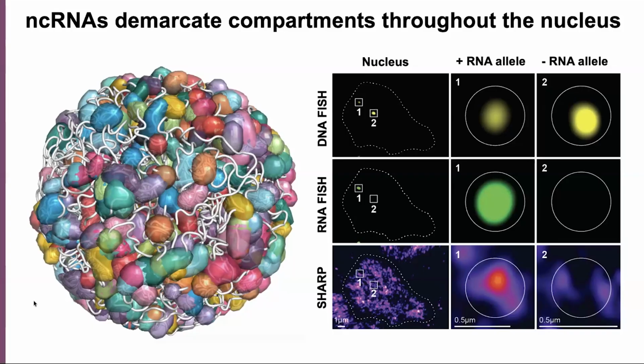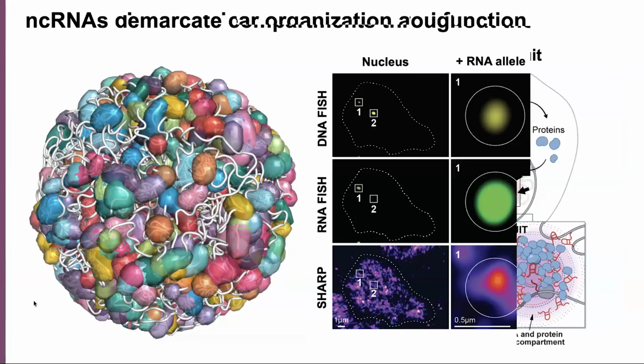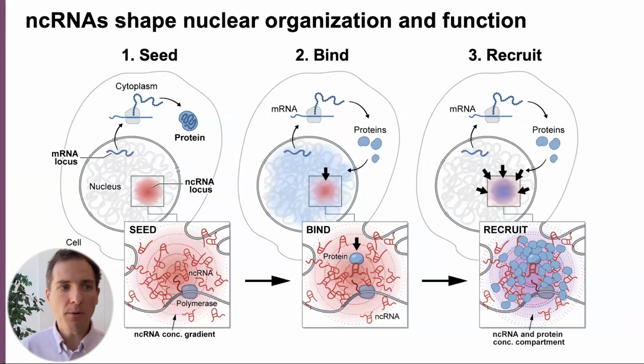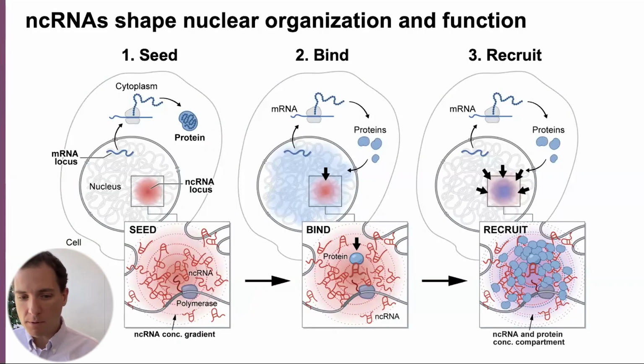And in fact, this is true not just for SHARP, but for many other regulatory proteins, from chromatin proteins to RNA binding proteins and others. The common theme to all these examples, and why RNA plays such an important role in acting as a seed for driving spatial compartmentalization, is that these non-coding RNAs can form high local concentrations within the nucleus as a function of their accumulation following transcription.